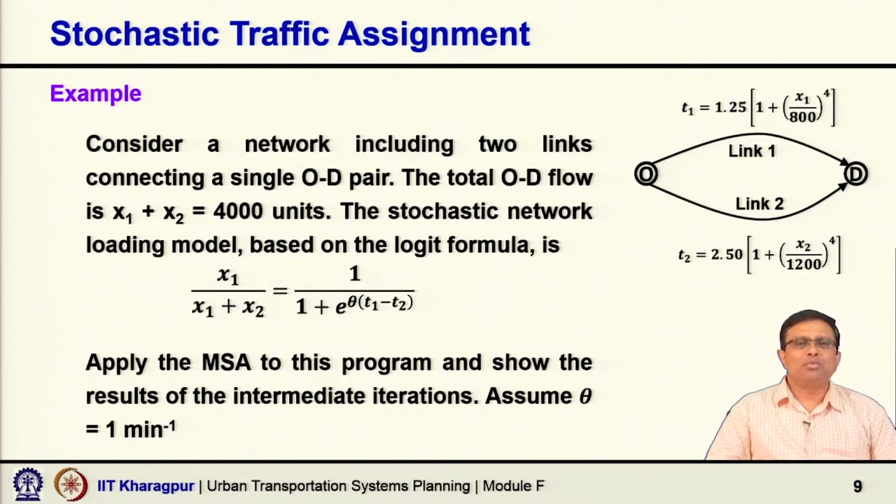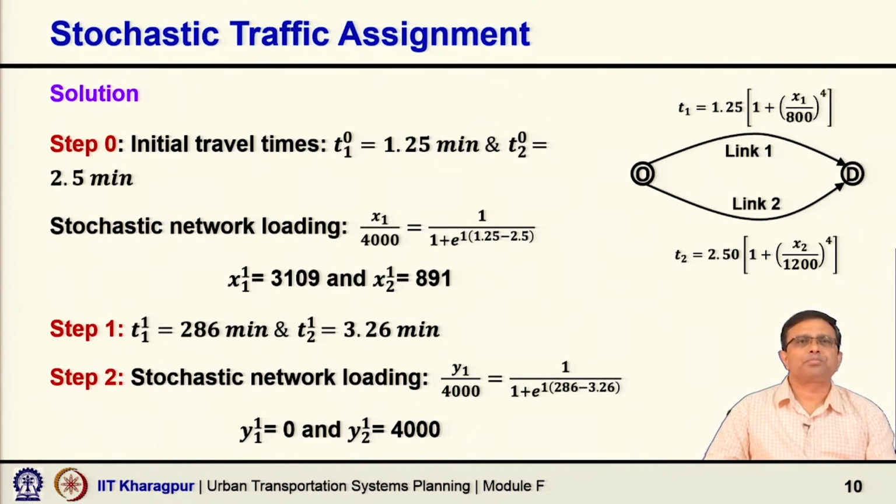We are saying that 4000 unit flows are to be distributed on link 1 and link 2, and this is the logit formula that may be applied, 1/(1 + e^(theta (T1 - T2))), and then when you apply MSA and show the results for intermediate steps, we are assuming that the theta value is 1 minute^-1.